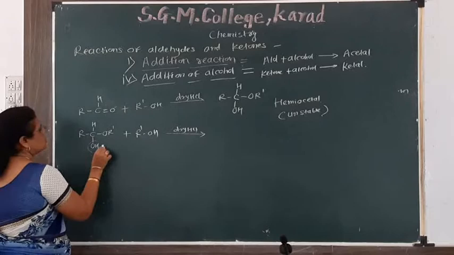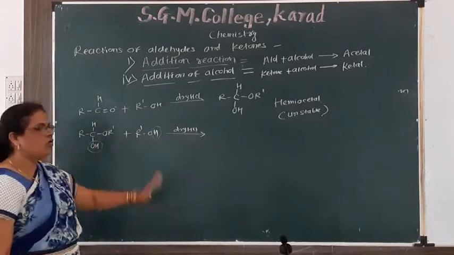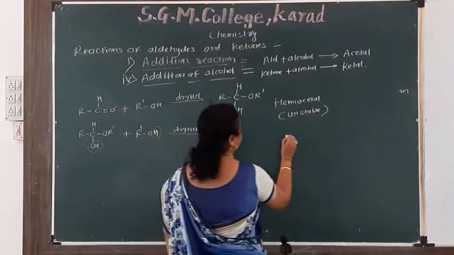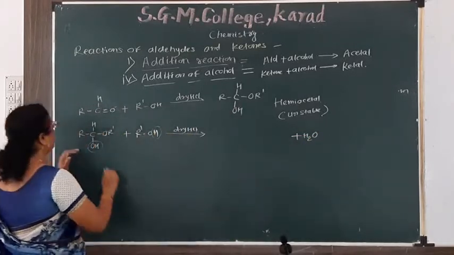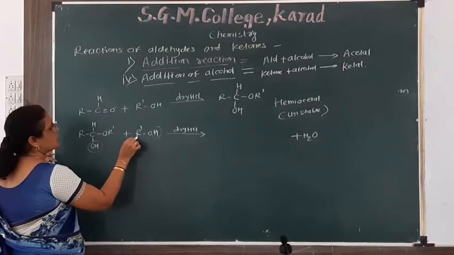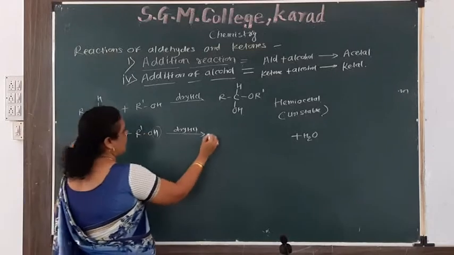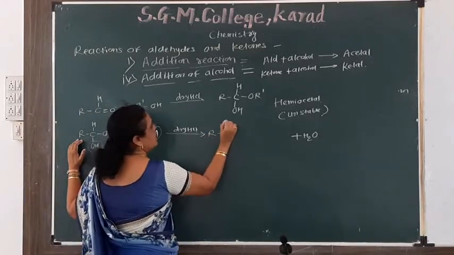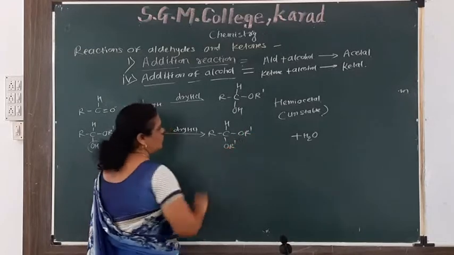Then this OH and this H remove a water molecule, plus H2O, and this OR dash group is attached to this carbon atom. Then we get here the product RCH, OR dash and OR dash.